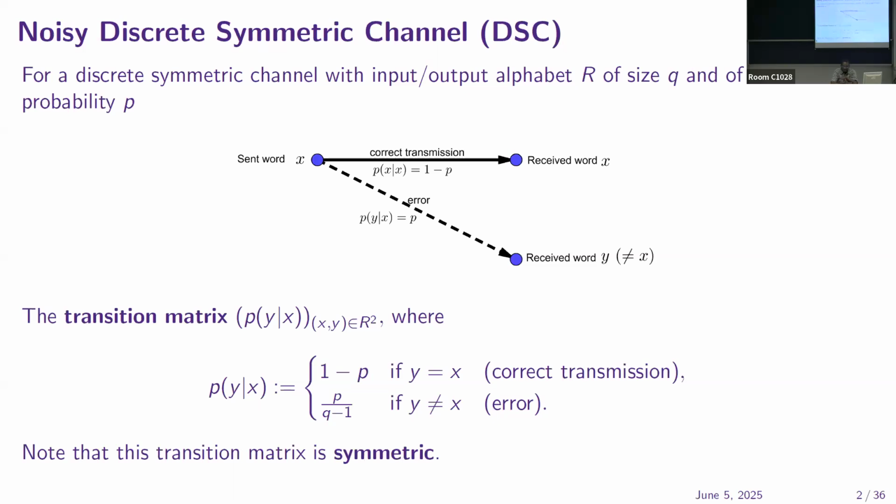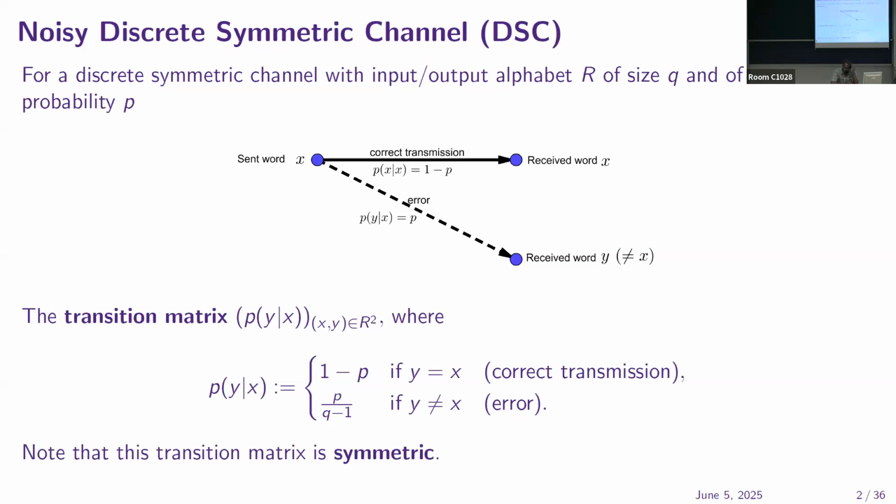When we send a word X into the noisy channel, we can receive X if the transmission is correct. Otherwise the received word Y is different from X if there is an error. We have the transmission matrix.